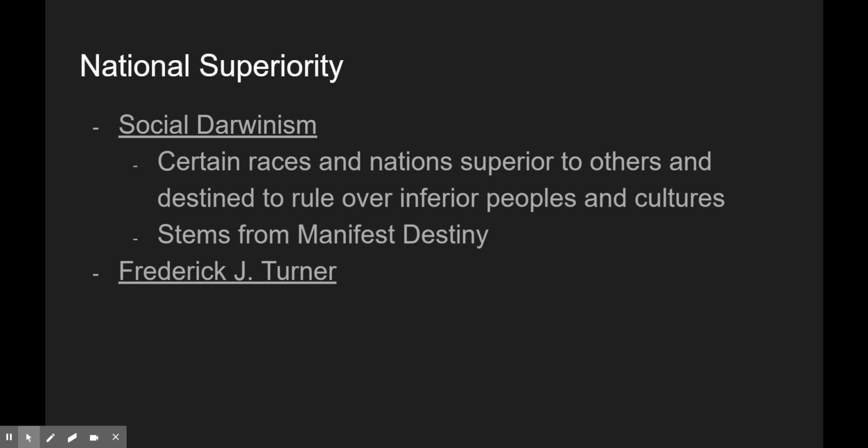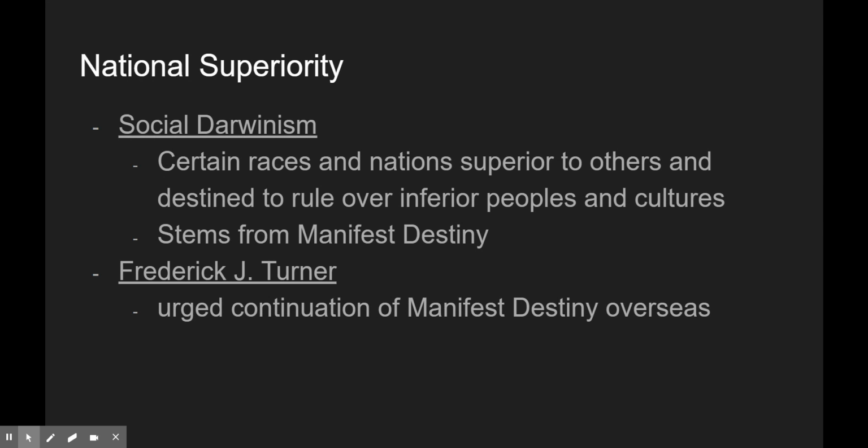So, two names I want you to remember. Frederick Jackson Turner, he's an American historian who is going to feel that in order to make America the greatest country on the planet, we have to continue manifest destiny. It's almost like take manifest destiny and push it overseas and carry it over to other places. This will make us a great nation.